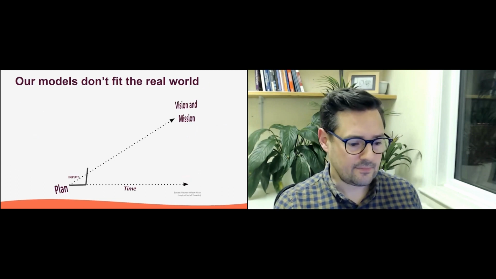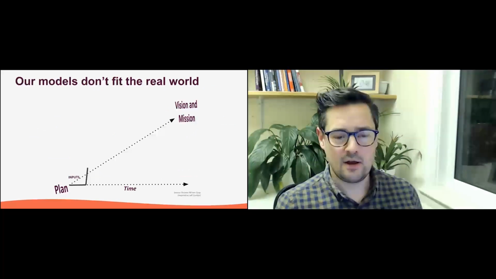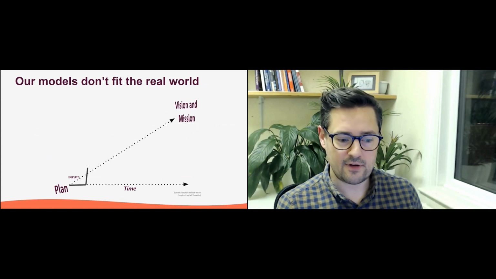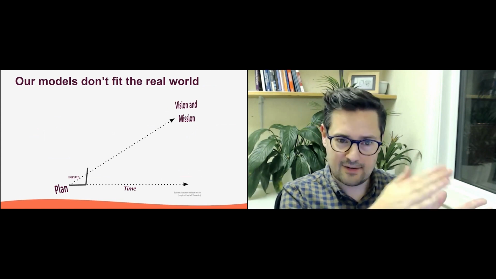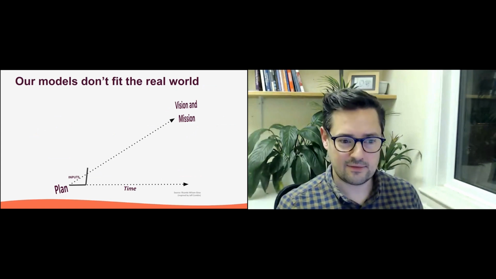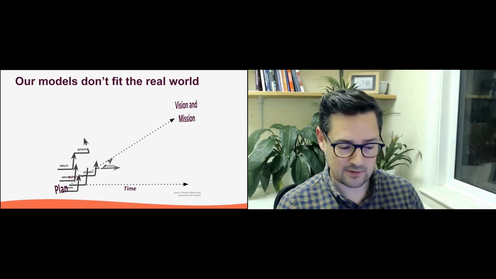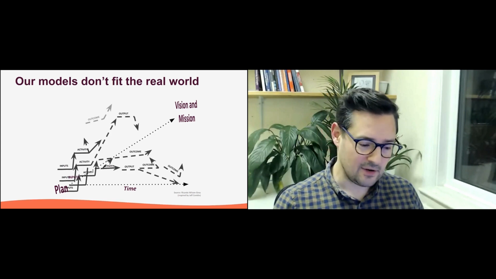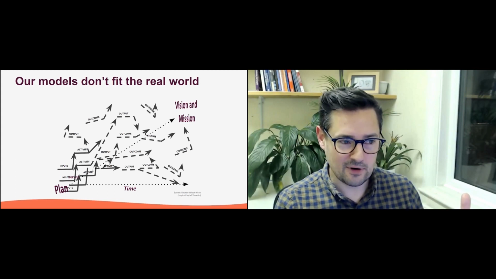So the model of the real world, this complexity that we've described, that you probably also explored a bit more with Jeff in the first session, it doesn't fit that step-by-step model that a lot of us are used to. In practice, it actually looks like this, where you run some activities, they don't produce the outputs that you want.